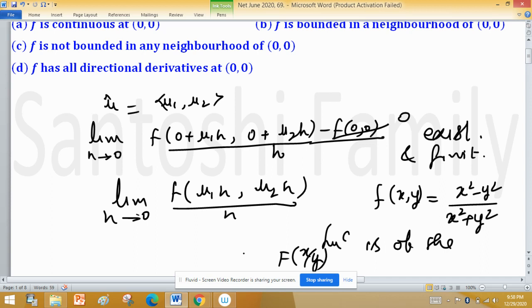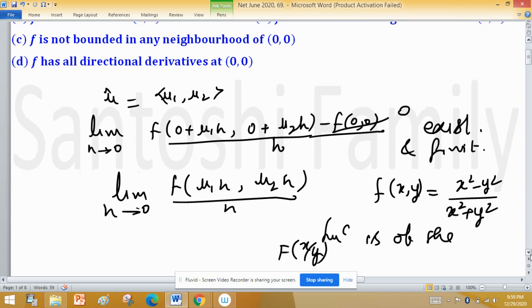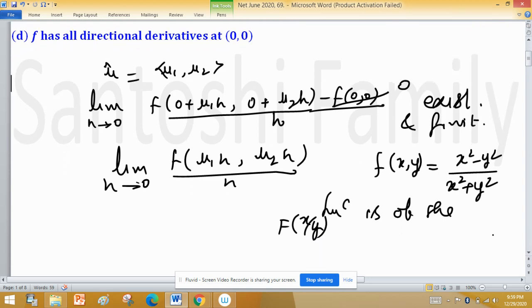And what is the benefit of representing the function in terms of x upon y?